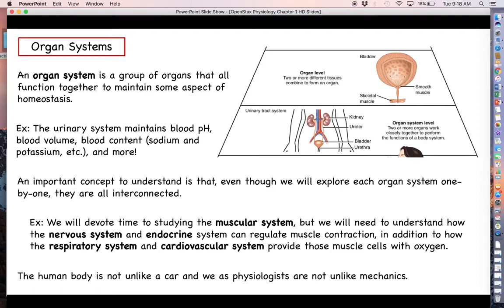A mechanic not only needs to know what all the different parts in the car are, where do the wheels go, where do the axles go, where does the engine go, where do all the connections go. They also need to know how the car functions, because when something with the car goes wrong, say the check engine light comes on, the mechanic needs to understand the physiology of how the car works well enough to diagnose where the problem is, what needs to be fixed, and what needs to be replaced.